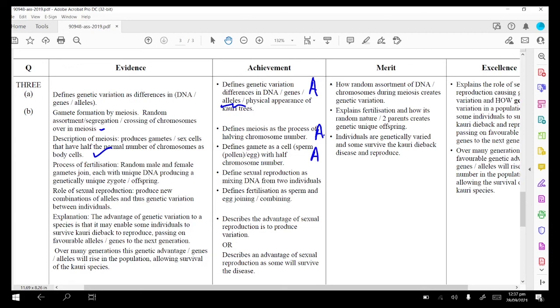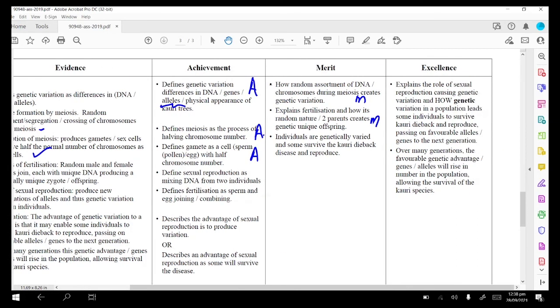We did that too. Okay, how random assortment of DNA and chromosomes during meiosis create variations. So we did that. Explain fertilization and how the random nature of two parents create genetic uniqueness. We did that, but I didn't go deep enough into that, I would say. We need to talk about when these two haploids come together, they mix their unique DNA, and as that unique DNA forms a zygote, the zygote is then completely unique with a new combination of alleles.